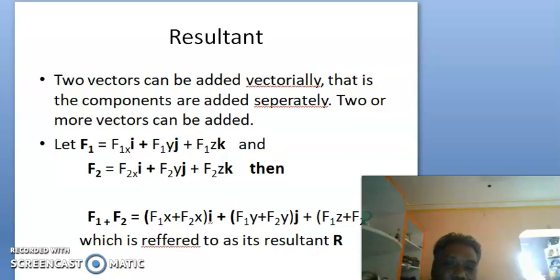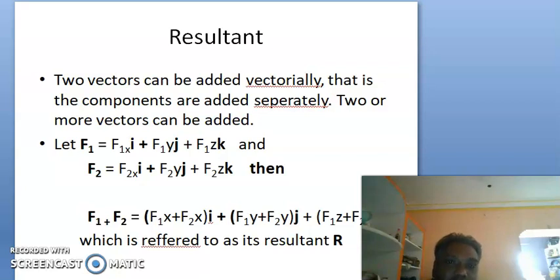Then F1 plus F2 vector is given by (F1x plus F2x) i plus (F1y plus F2y) j plus (F1z plus F2z) k, and this is referred to as its resultant.